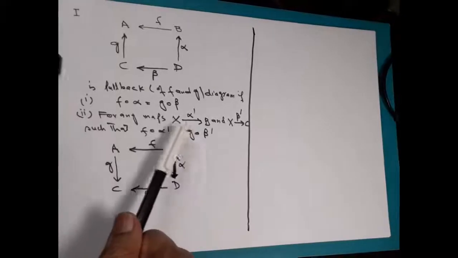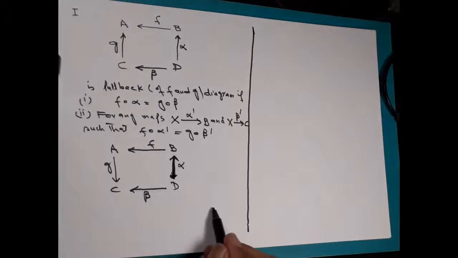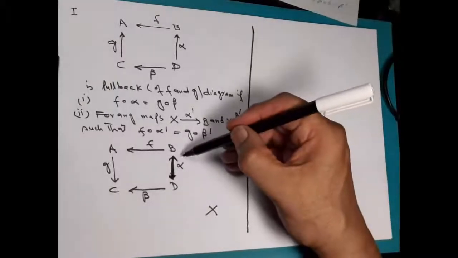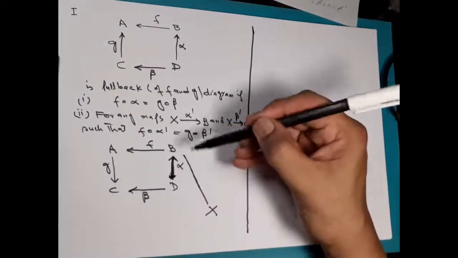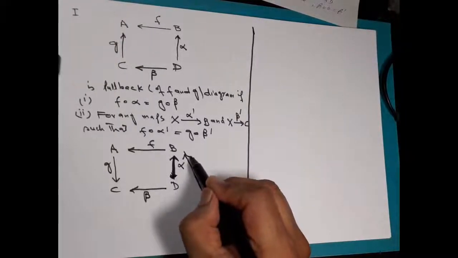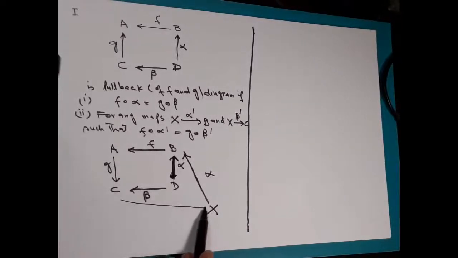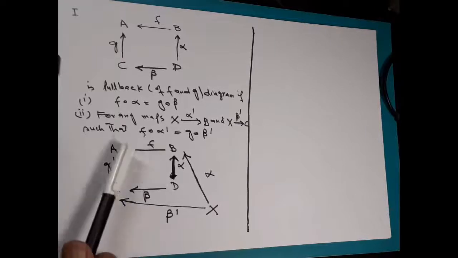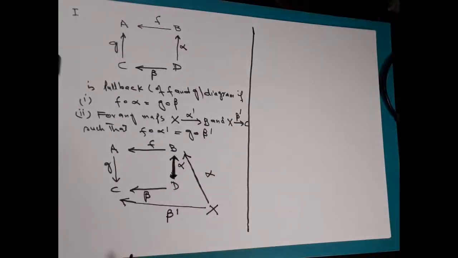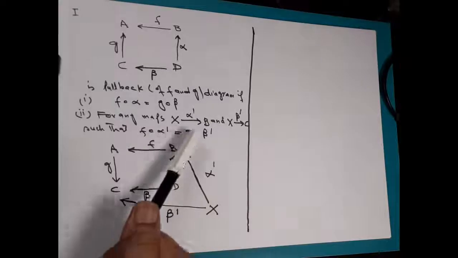And for any maps from X to B and X to C, so if there is an object X, and there are maps from X to B, this map is alpha dash, and there is a map from X to C, this map is beta dash, such that this condition is satisfied, that is f composed with alpha dash is equal to g composed with beta dash.